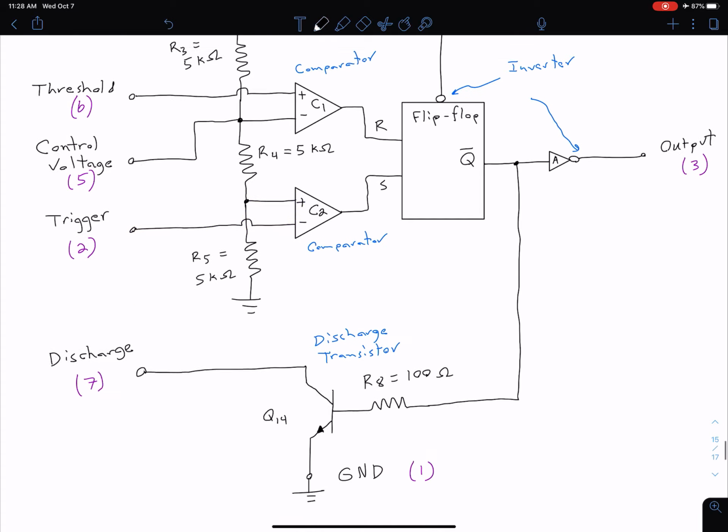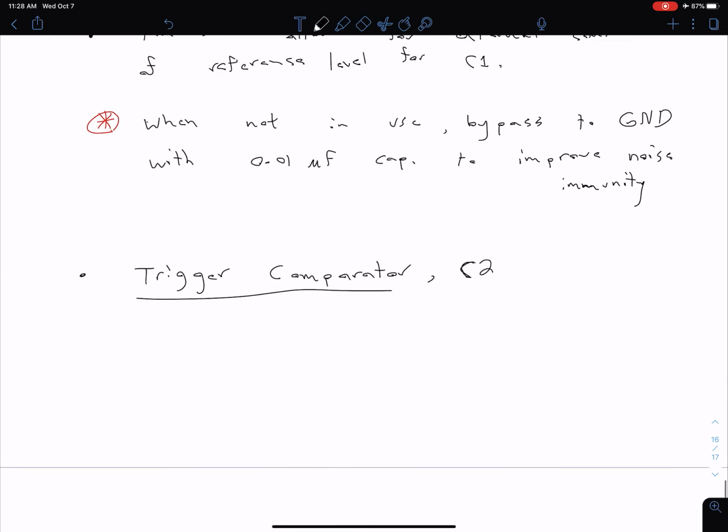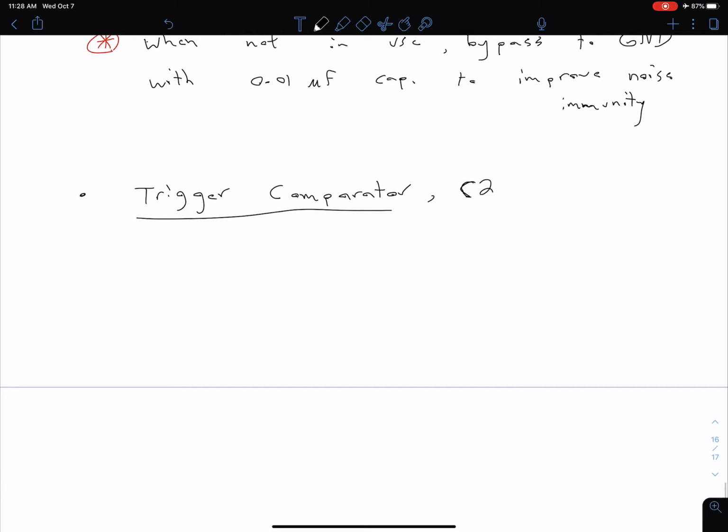So let's see what that means in terms of operation. Just like with our previous comparator, we have one of these fixed. So our V plus of C2 is set by that same voltage divider network.